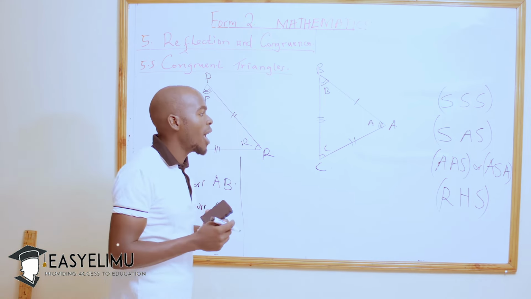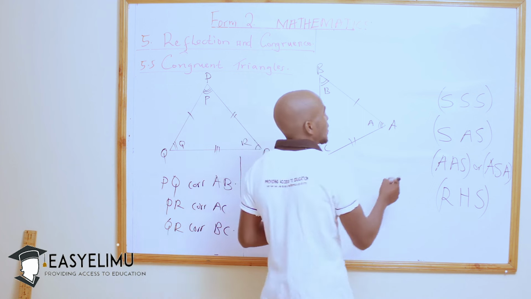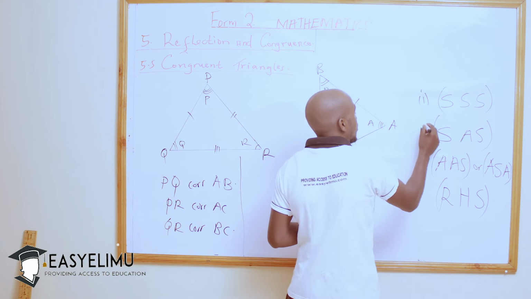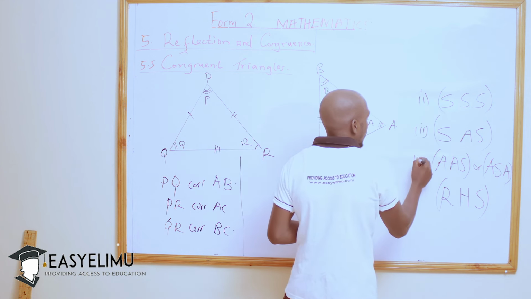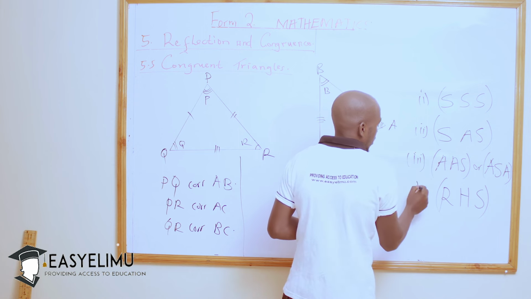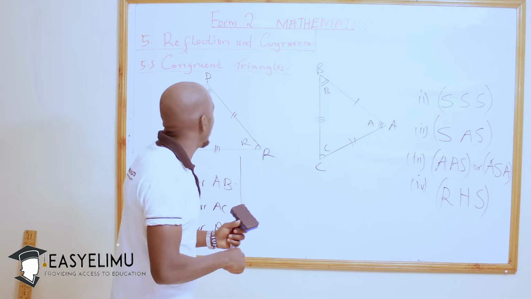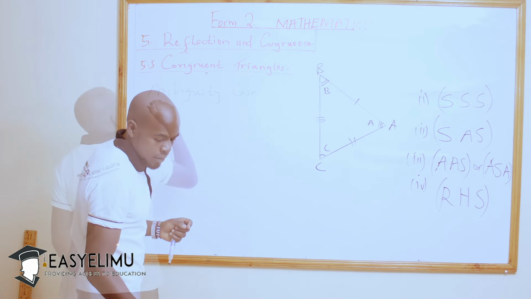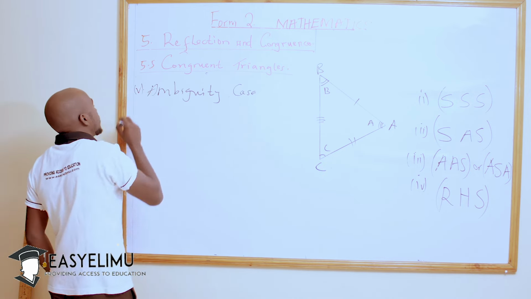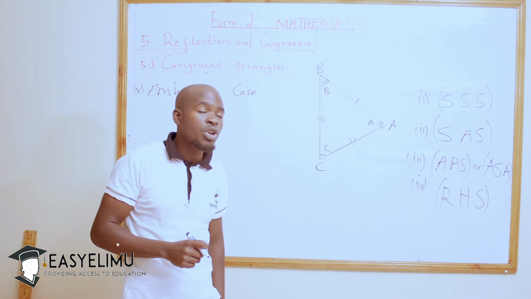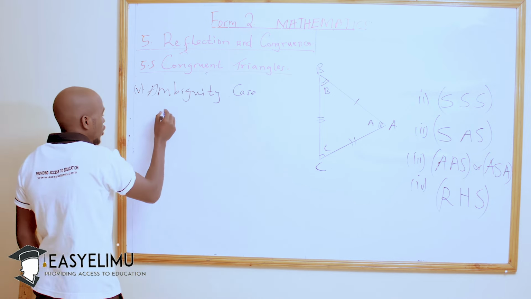So we have the first case, this was the second case, the third case, and this is the fourth. We have the fifth case where we have ambiguity. We may call it the ambiguous case. So under the ambiguity case, you may find that you have a triangle.